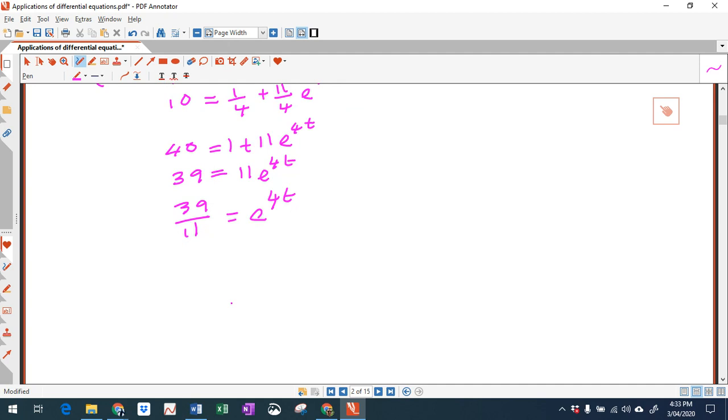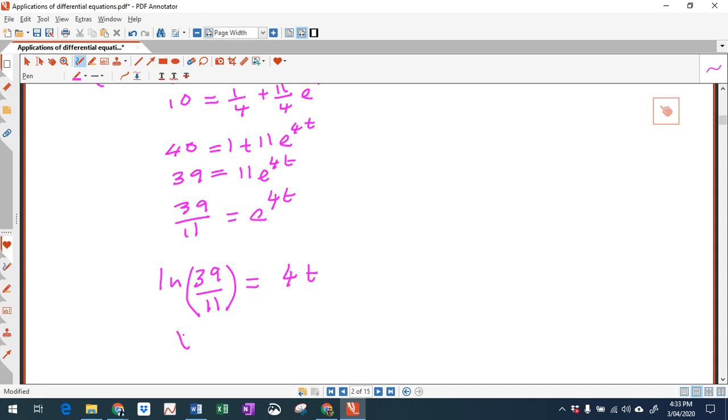And we'll keep going. We'll take the log of both sides. So we've got the log of 39 on 11, and the log of e^(4t) will just be 4t.